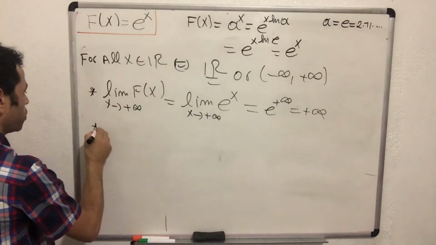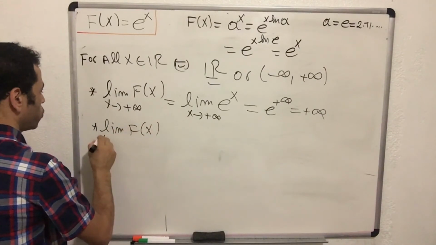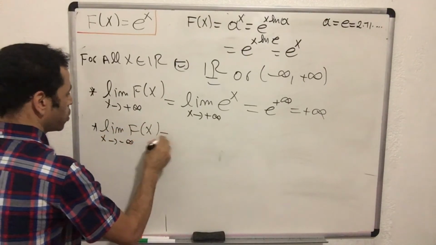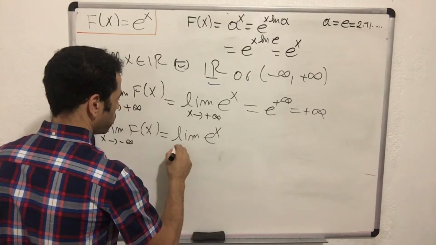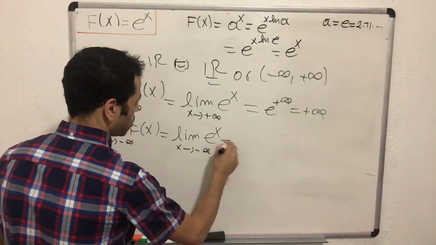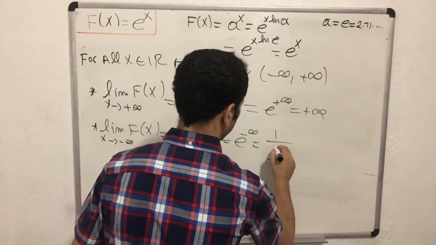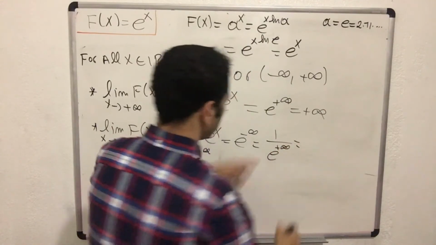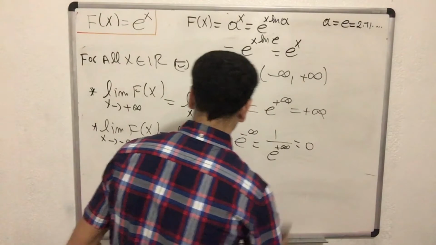The limit of f of x as x approaches minus infinity is 1 over exponential plus infinity, which is this one. 1 over plus infinity is 0.